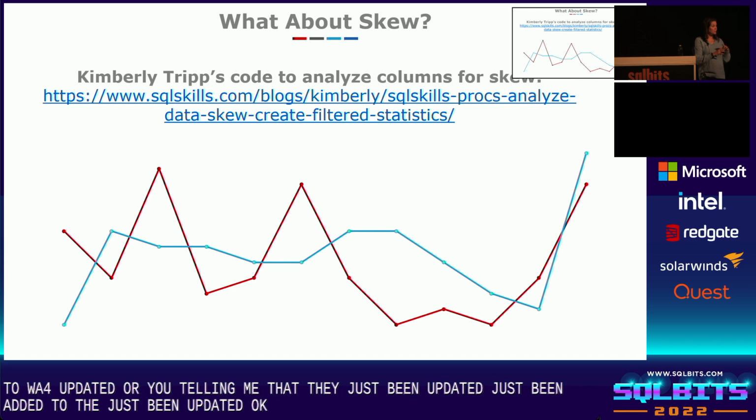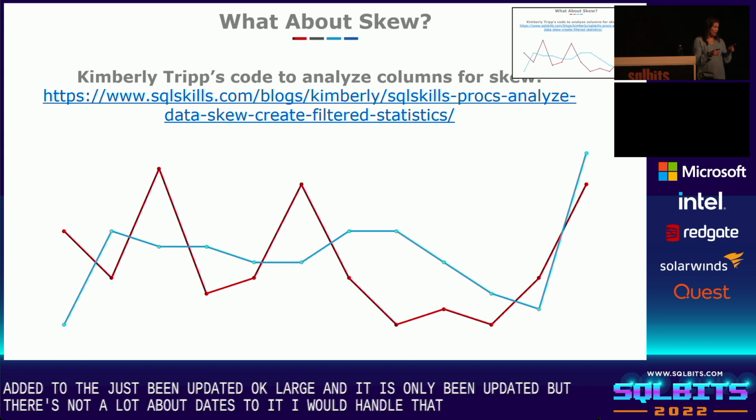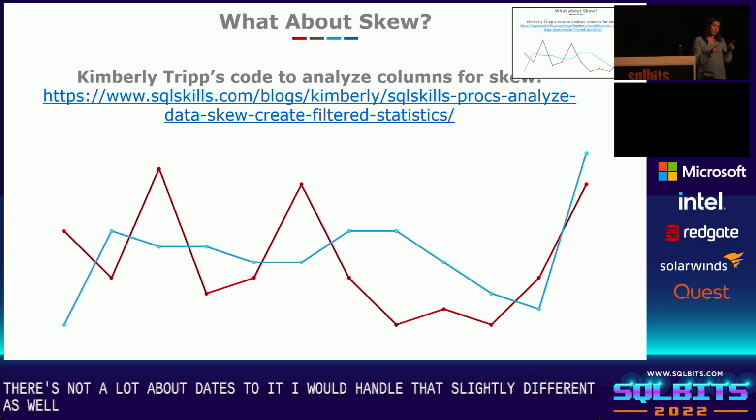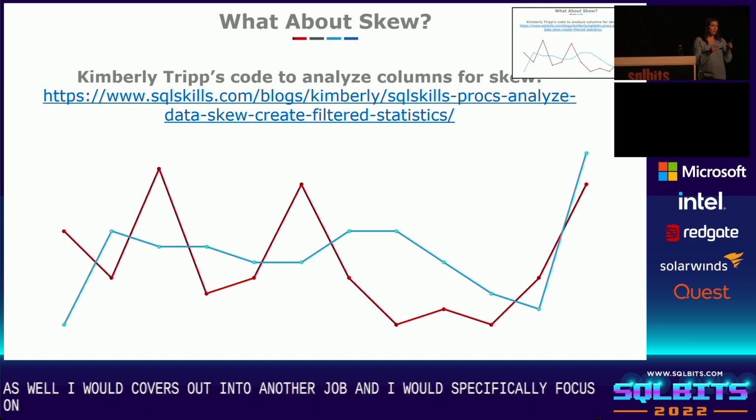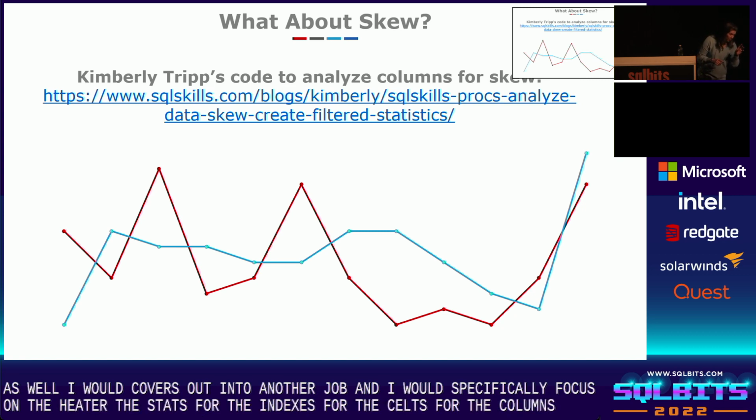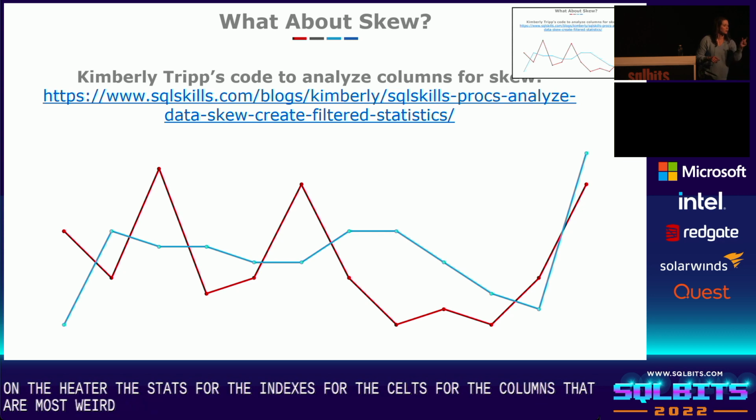So in a case where I've got something really, really large, and it is only being updated, but there are lots and lots of updates to it, I would handle that slightly differently as well. I would pull those out into another job, and I would specifically focus on either the stats for the indexes or the stats for the columns that are most heavily queried in terms of a predicate or a join, right?